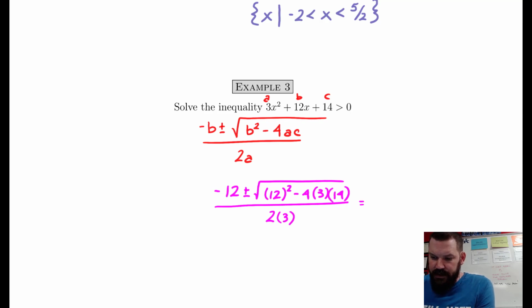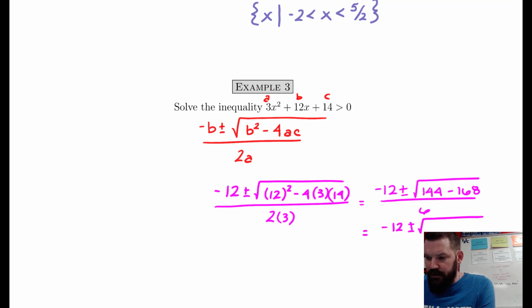When I simplify this, I get -12 plus or minus the square root of 144 minus 168, over 6. That simplifies to -12 plus or minus the square root of -24 over 6.